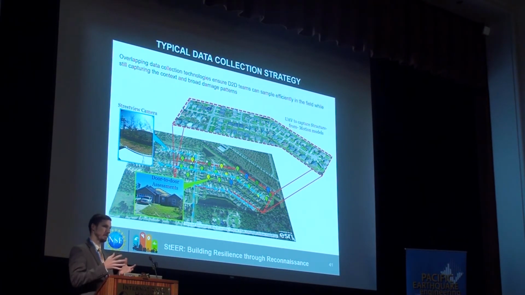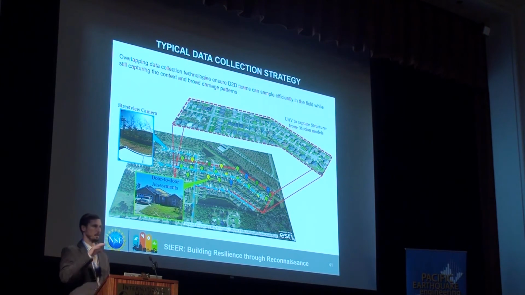So we're going to get fairly detailed case studies using our door-to-door assessments, and then we're going to get street view camera throughout as well to capture broadly from the ground what we can see in all these structures. But then we're also going to use UAV to collect enough images to do a structure from motion, collect all that into a single model. And between all of these, we've got now a complete picture of that post-event damage state. And we can always go back then and find the context as well as the details of what we need in those structures.